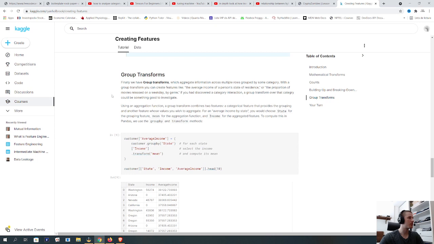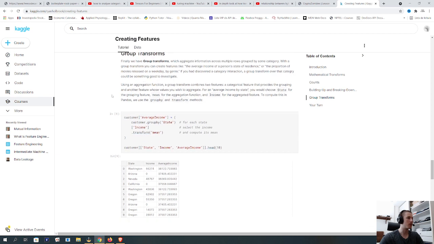Group transforms. Finally, we have group transforms, which aggregate information across multiple rows grouped by some category. With a group transform, you can create features like the average income of a person's state of residence, or the proportion of movies released on a weekday by genre. If you had discovered a category interaction, a group transform over that category could be something good to investigate.